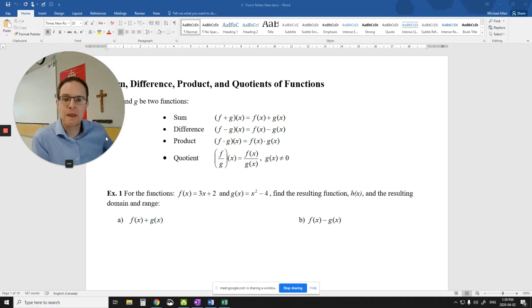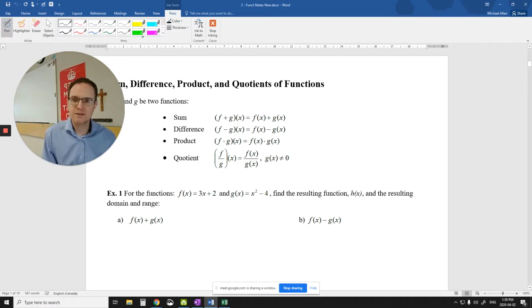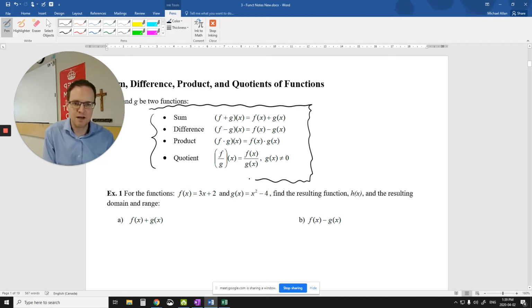Who knows? But the first few operations that we're going to be doing today for this lesson are just the simple ones. We're going to take the sum, the difference, the product, and the quotient rules of doing function operations. This little box here is just telling us different ways to represent the same thing.